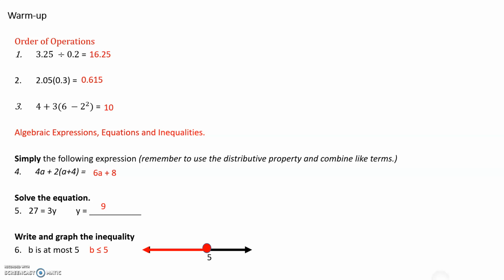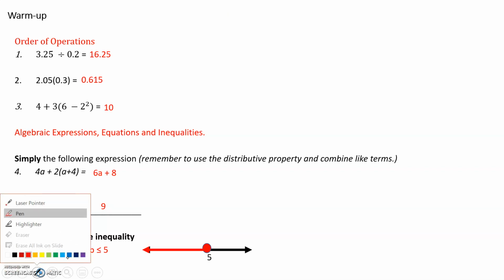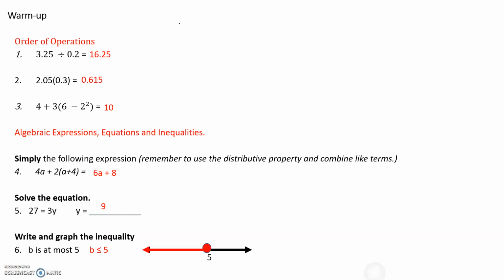All right, so number one, I have 3 and 25 hundredths divided by 2/10. I'm going to write that as a division, so I'm going to build a house. 3.25 is my dividend, and 2/10 is my divisor.